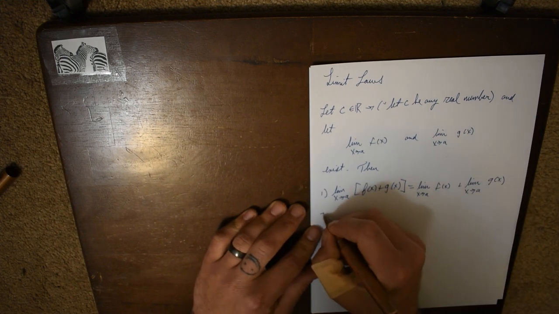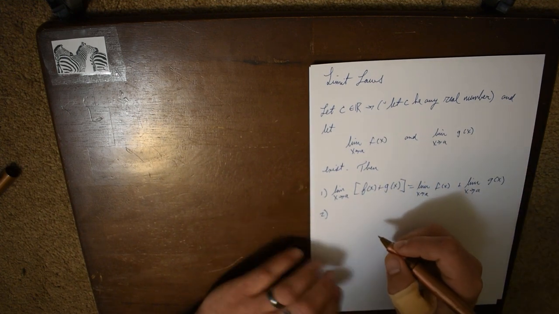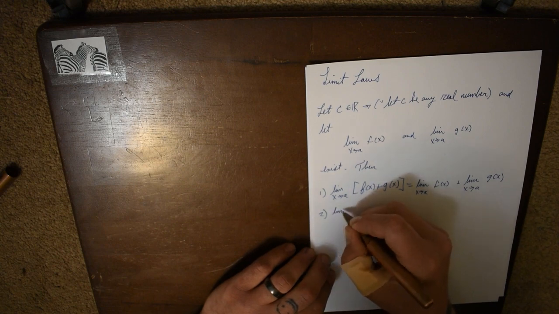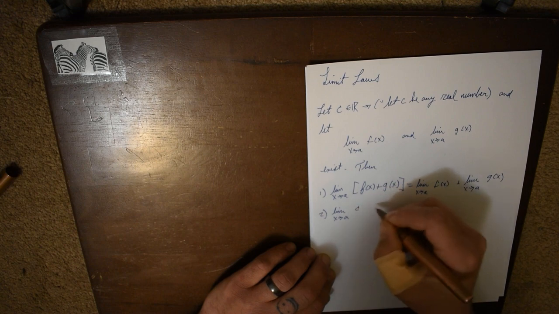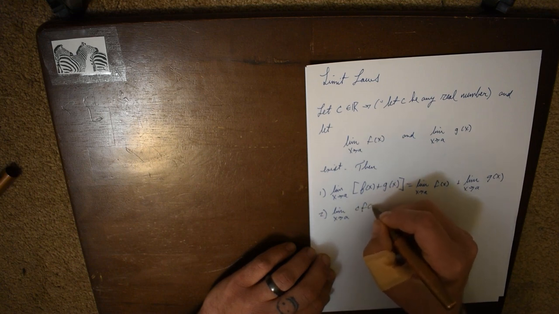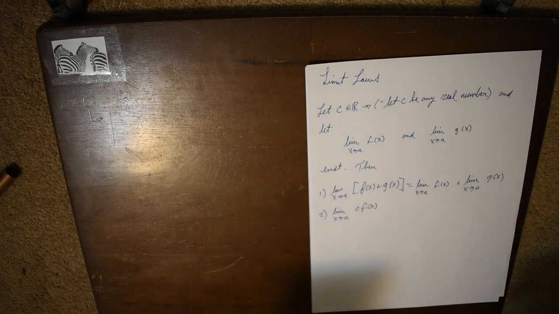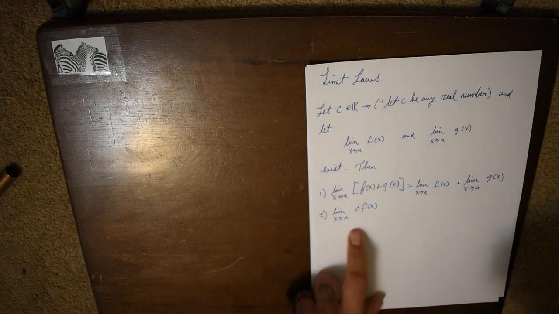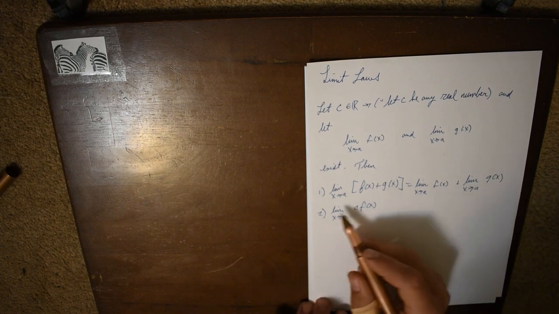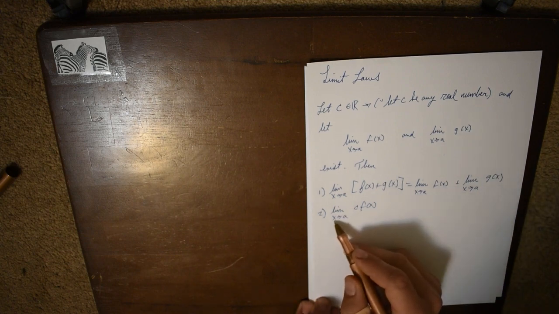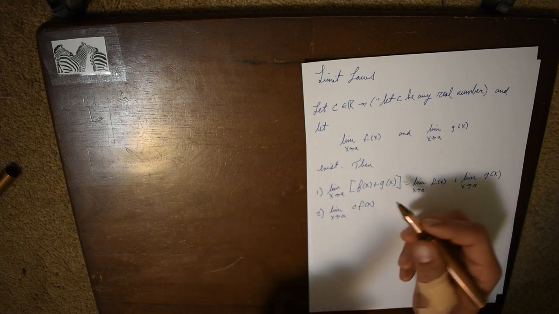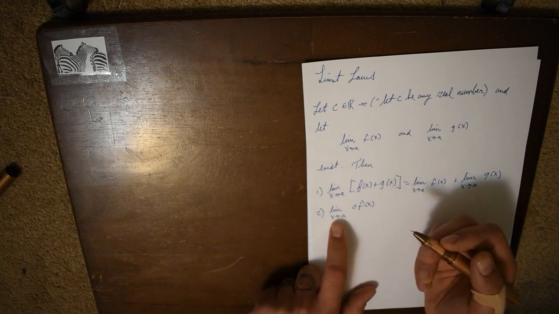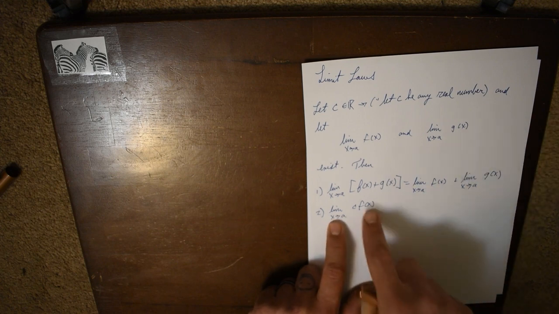Our next rule is the limit as x approaches a of some constant times the function f of x. Well, this will be a new concept that we will explore in greater detail later. This limit only cares about x. So this constant term has no bearing really on what this limit is looking for. This limit only affects things that have x's in them.